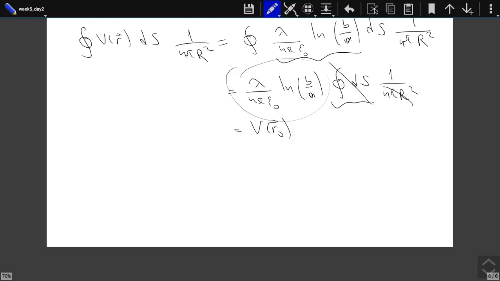Then we show that our final result satisfies the Poisson equation in our volume, and it satisfies the boundary conditions at the boundary of our volume. But that solution, we just guessed it. It was just guesswork, basically. And then the uniqueness theorem tells me that I am done. I don't need to search whether there are alternative solutions or not. I know that there are no alternative solutions. That is the only solution.